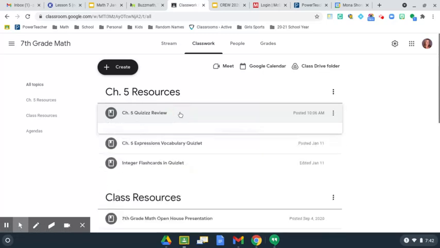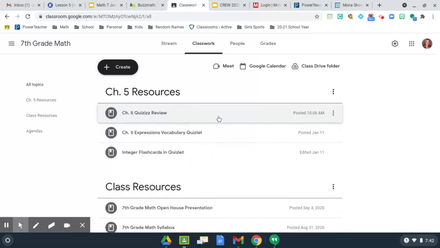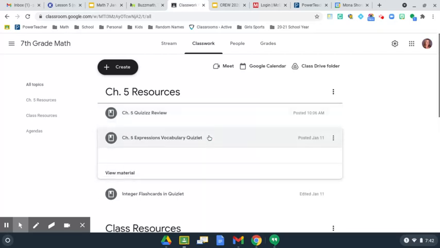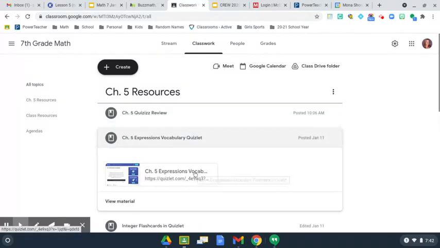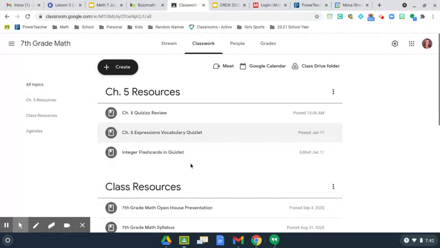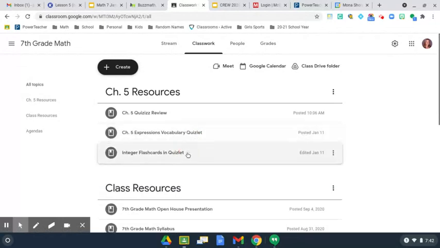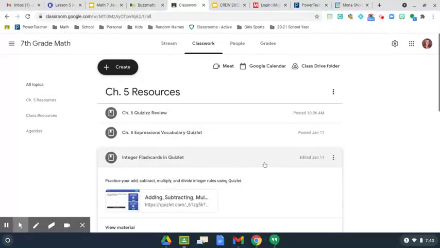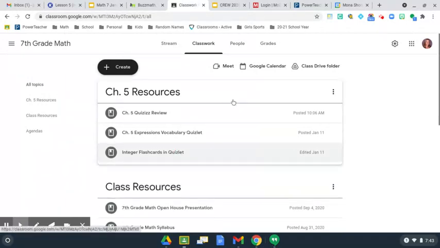Also in this Chapter 5 resources, as we get closer to the test, which will be next Friday, you're going to see there's vocabulary Quizlet in here for you to practice your vocabulary that we've learned. And there's also an integer flashcards Quizlet that Mr. Whalen also introduced to you last week to practice your integers. So these resources are here for you to get you prepared for the test.